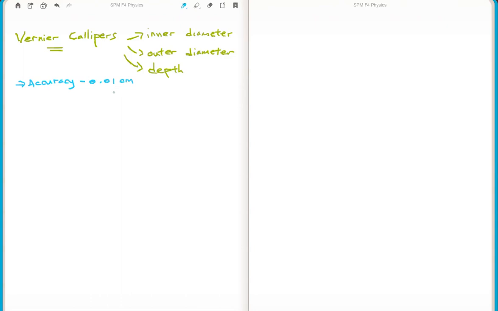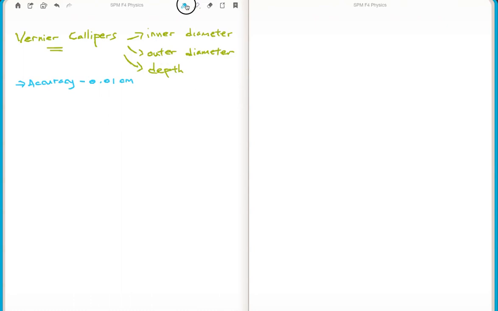It means accuracy is up to 0.01 centimeter. So if you go through your book, you were able to find out the inner jaw, the outer jaw, the tail. Those are for the inner diameter, outer diameter.